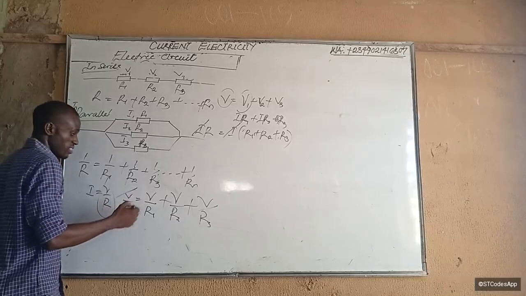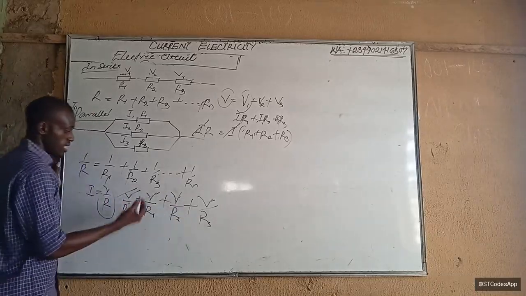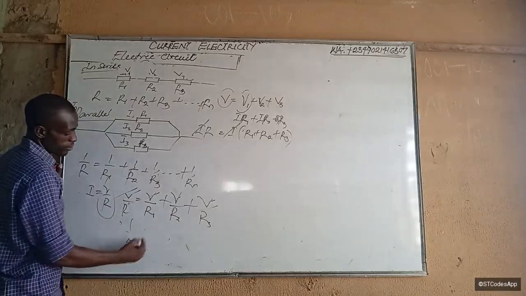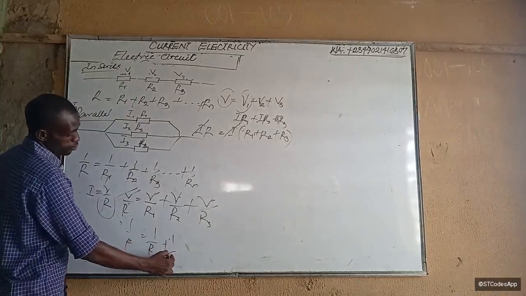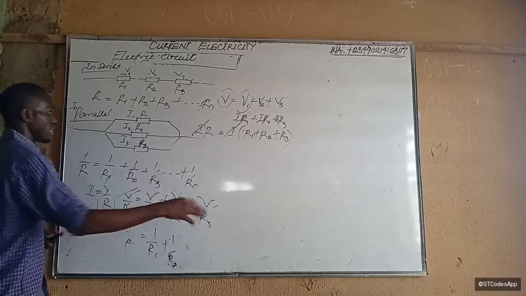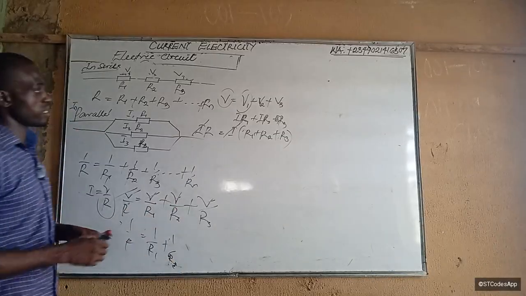Since V is the same, V cancels out and we have 1 over R equals 1 over R1 plus 1 over R2 plus 1 over R3. That's how the formula is generated.